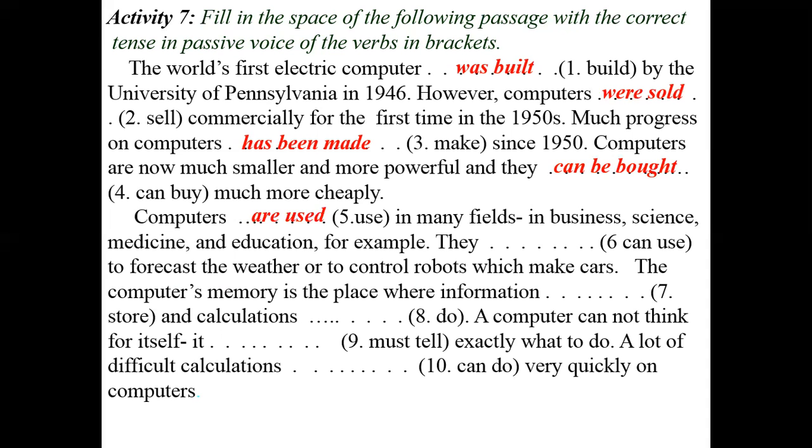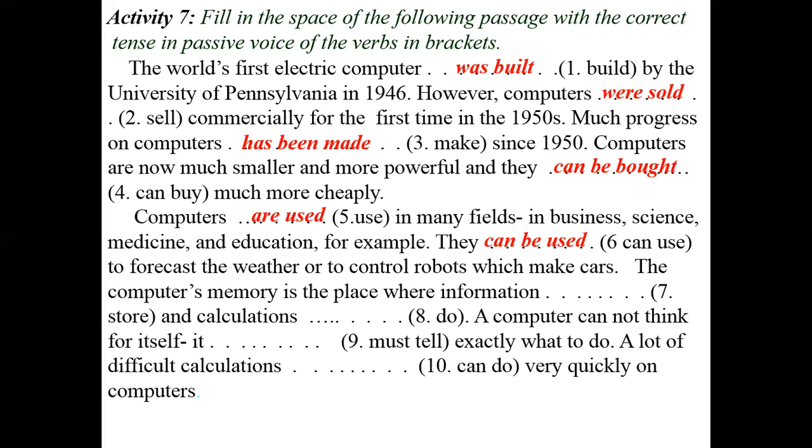This is the reality, so you use the simple present in passive. And number 6, this also mentions computers, and this is the modal verb. So modal verb in passive, number 6, you can use like this: can be used, right? Very easy. We move to number 7.